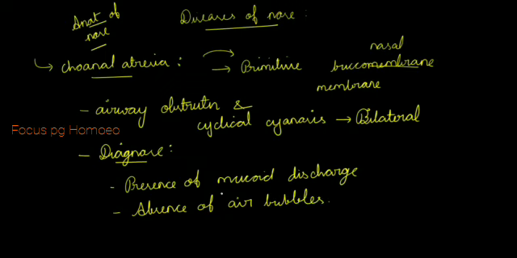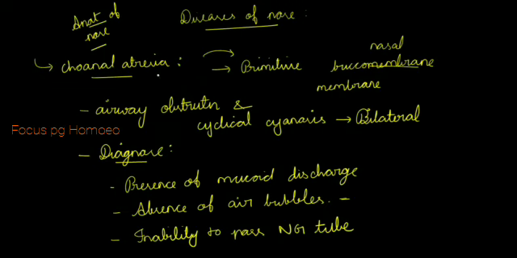So that is indicating the lack of air. So in case of nasal discharge, there will not be any air bubbles, and inability to pass the NG tube. Nasogastric tube. So these were the points where we can diagnose the choanal atresia.